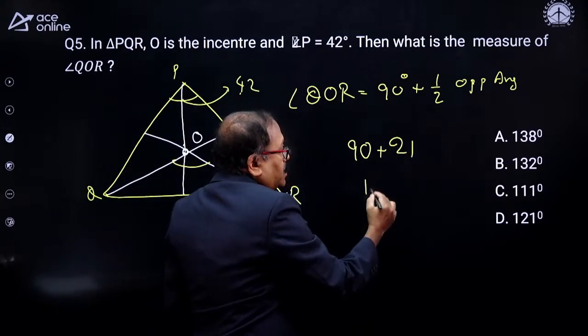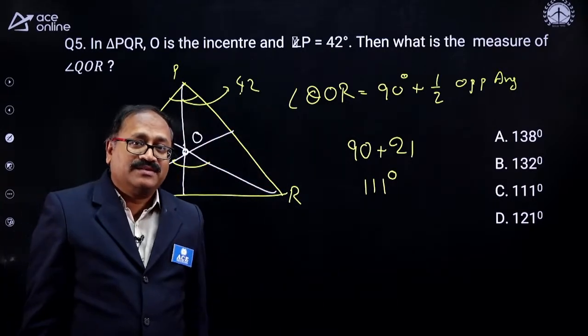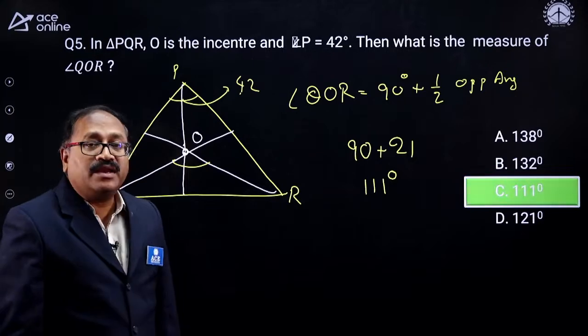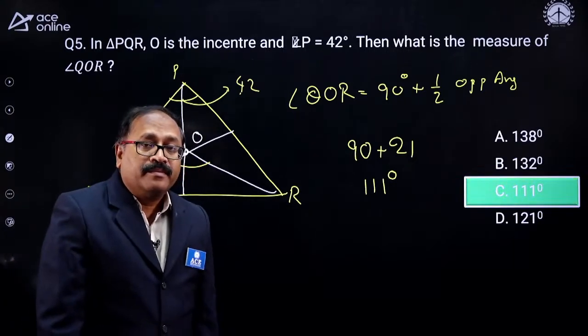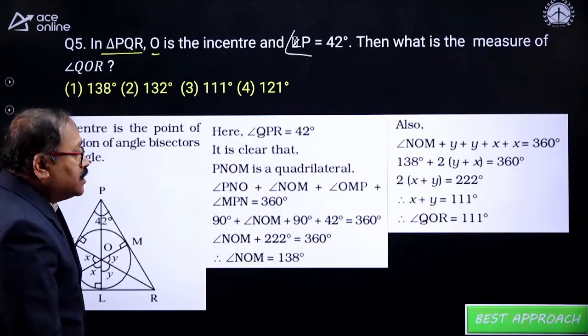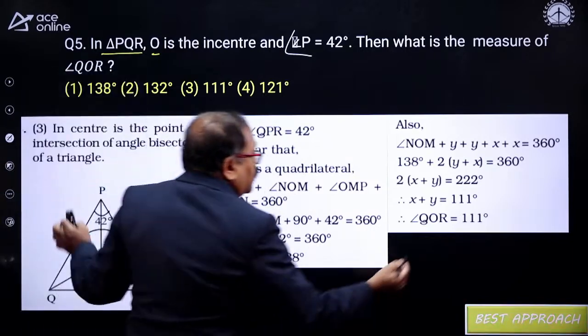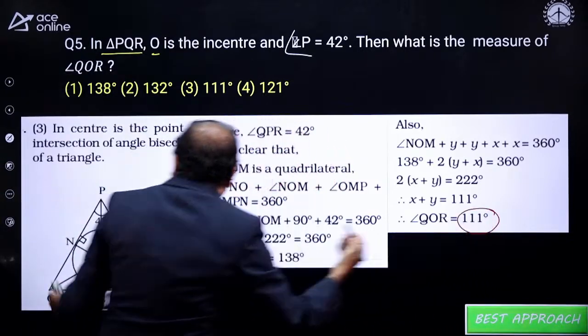When you add this up, it is 111 degrees. That's your answer. So it is 111 degrees. The same thing, if I look back at the book, they also got the answer 111 degrees.